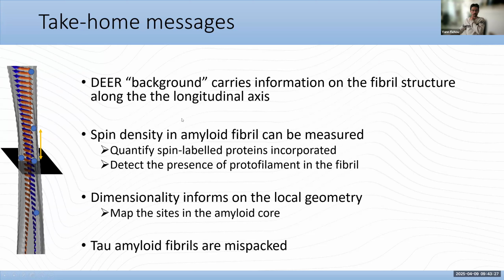We can look at the spin density there, and with different structural properties, and the dimensionality we believe really can map the quality of the packing, which is not really good in the system I showed before, which is heparin-induced tau aggregates.